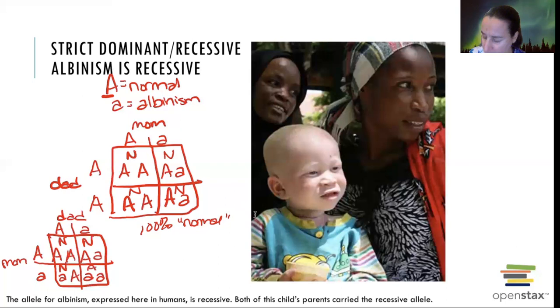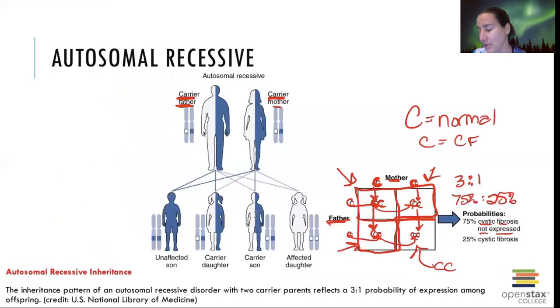This, 1 in 4 or a 25% chance of albinism in this combination with these kind of parents. So you could play around with this kind of stuff all day. This is strict dominant and recessive in a Punnett square.